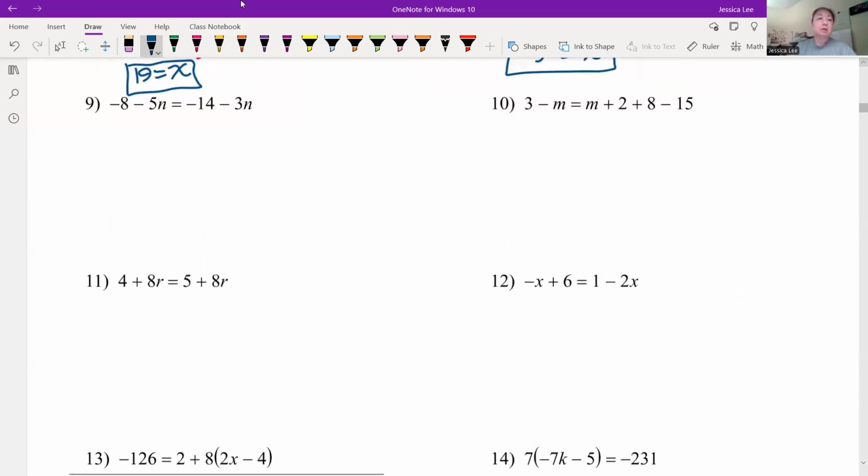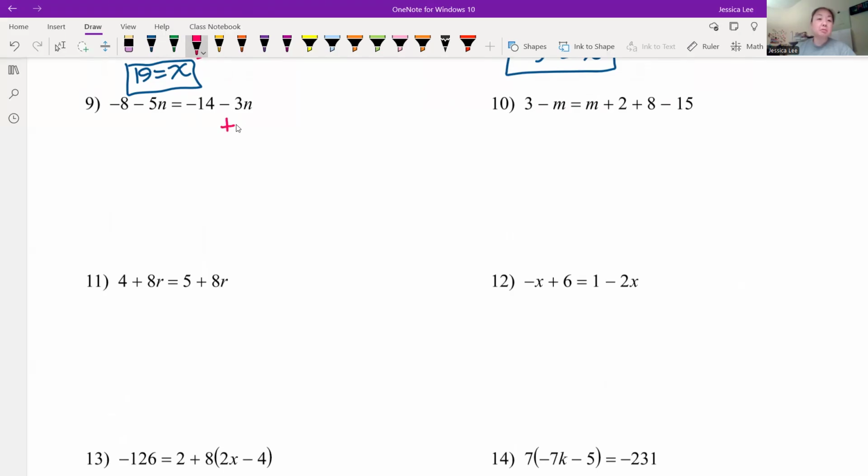Slowly getting there. All right, if you look at number 9, we have variables on both sides. We can't solve it very well like that, so let's get variables on one side, okay? You can decide which way you want to do it. I'm going to add 3n on both sides.